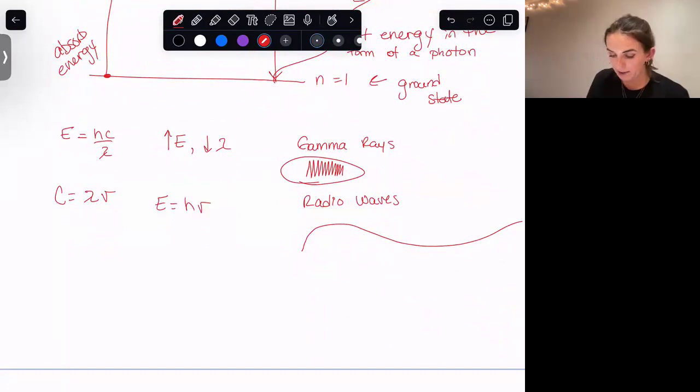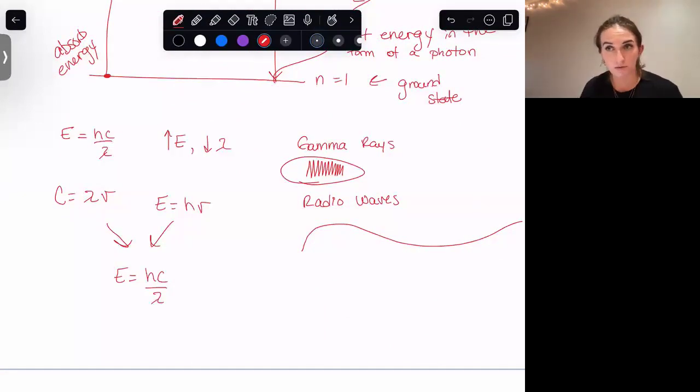We combined these two in order to get energy is equal to hc divided by lambda. And then you have the de Broglie wavelength, which is h divided by mass in kilograms times velocity. I believe the de Broglie wavelength equation is given to you, but just in case, that's what that one is.